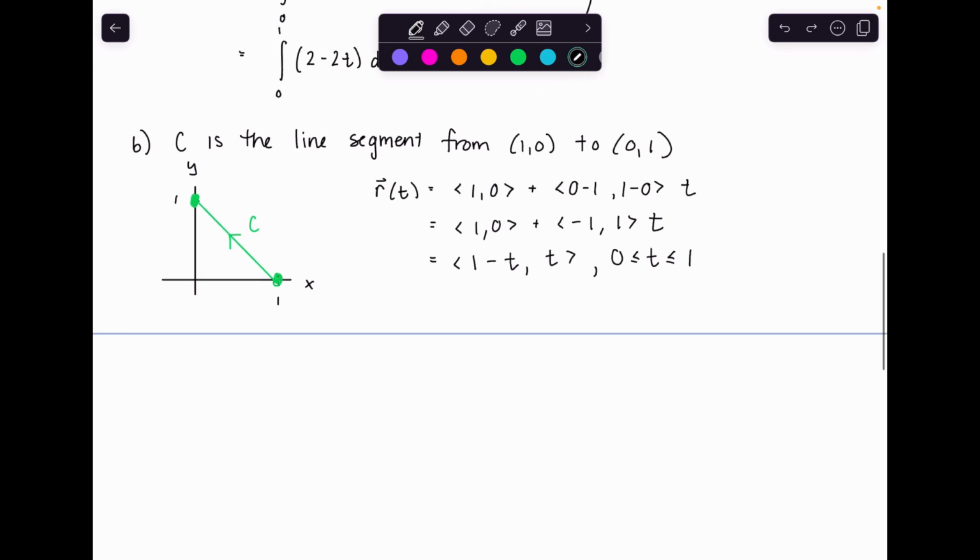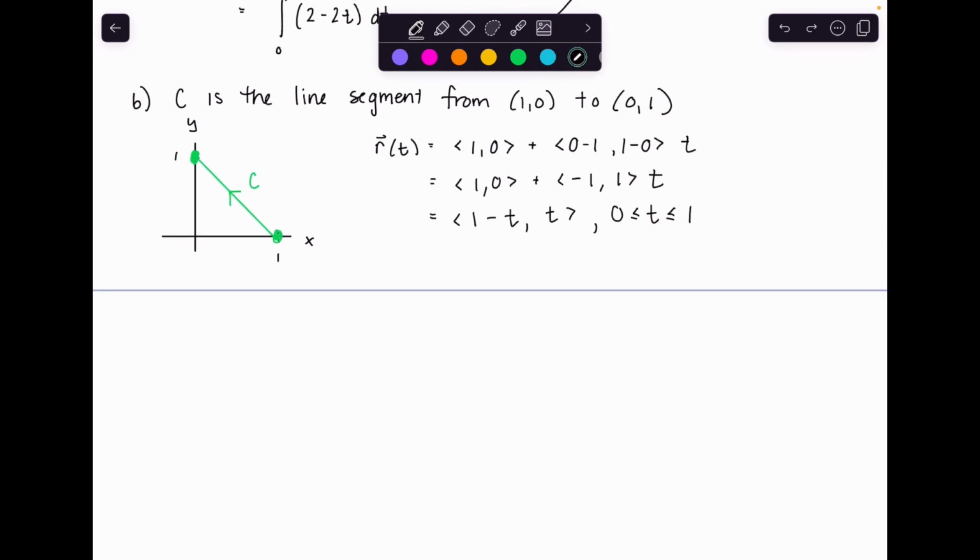All right, so we're doing good. Now we can find r prime of t. Let's start by just rewriting r of t down here because I need to evaluate the function at this. So r prime is going to be negative 1, 1. Our vector field is y plus 1, x.